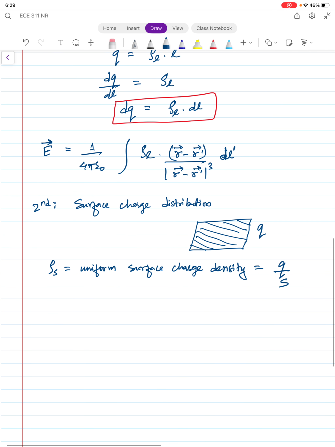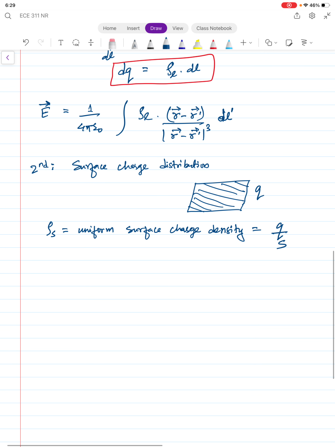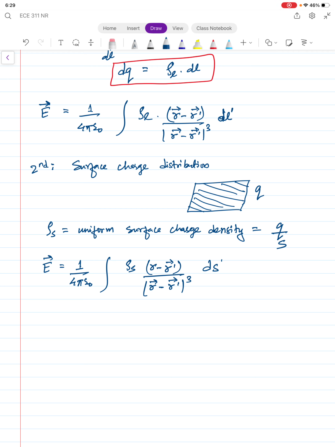Okay, and if you follow a similar process, we get the electric field for a uniform surface charge distribution as 1 by 4 pi epsilon 0 integral rho s r minus r prime over r minus r prime cubed ds prime.